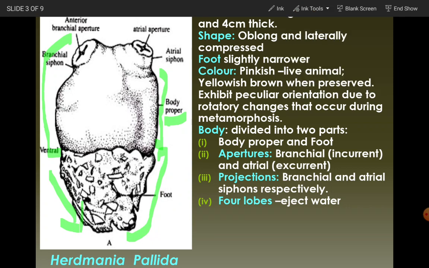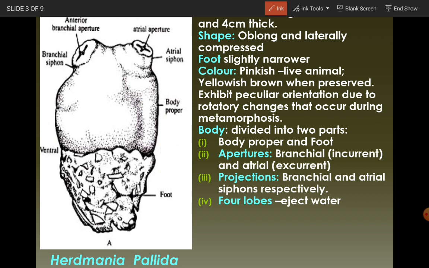This will be the dorsal region towards where the atrial aperture is seen, and this is the ventral region. This different orientation occurs because the larva, once it gets attached to the substratum, undergoes a turn of 180 degrees, thereby resulting in this unique orientation.